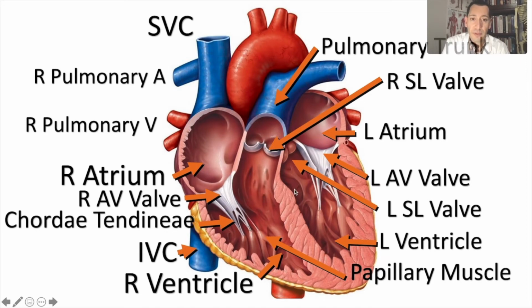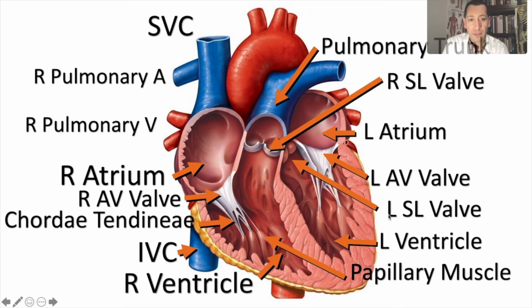A couple other things you want to take note of. You have some strings. These are the chordae tendineae, the tendinous cords that hold on to your two atrioventricular valves. And on the other side, they're being held onto by the papillary muscles. So you have a papillary muscle here, and here, and here, and here, and here.